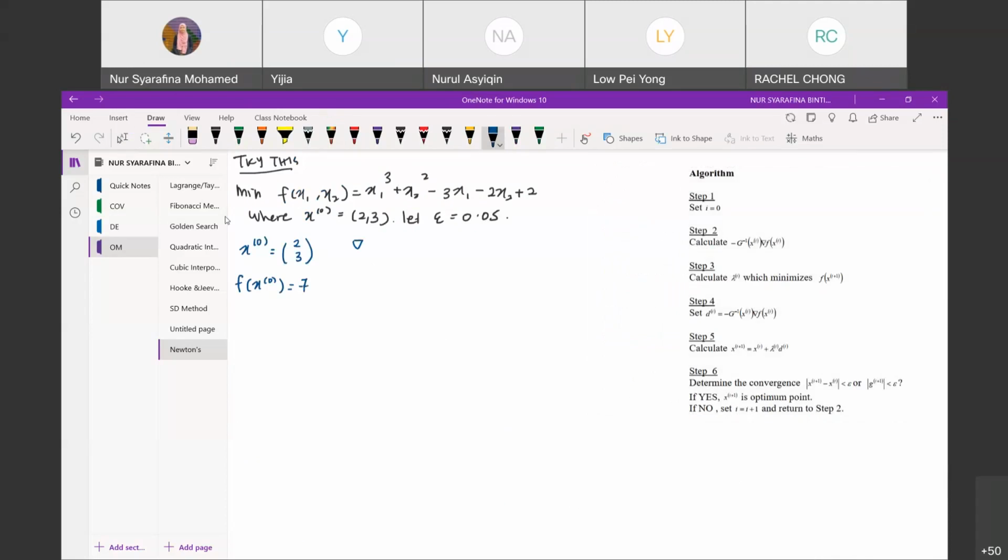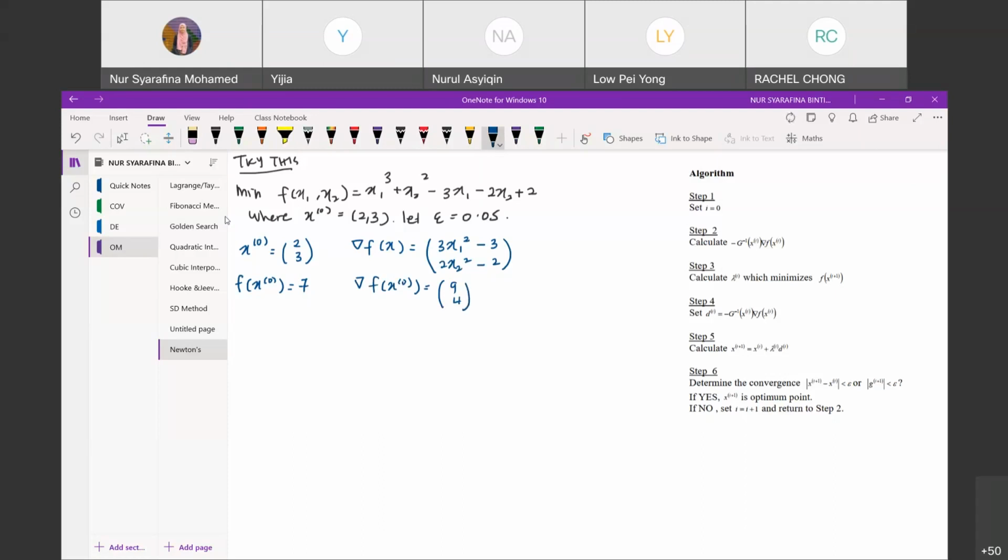And then differentiate f. This is two variables, right? So we differentiate with respect to x1 and again with respect to x2. So this one becomes 3x1 squared minus 3, and 2x2 squared minus 2, where the derivative of f at x naught equals 9.